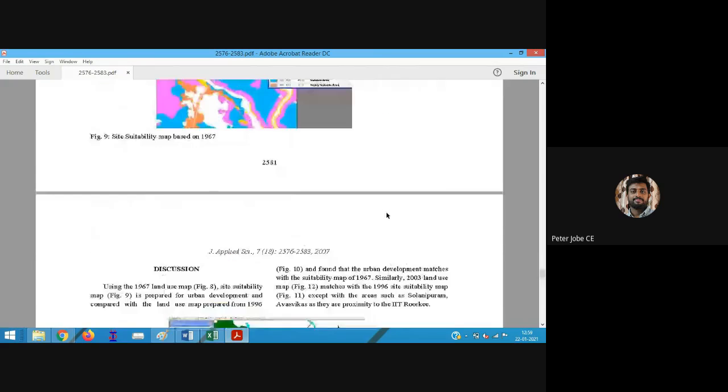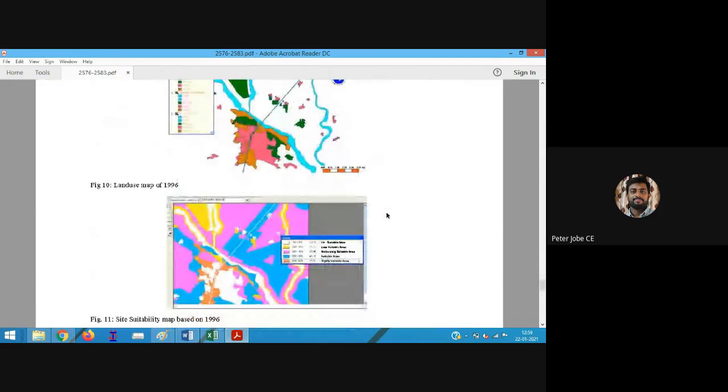This is the thing you need to write in the examination, and each thing will be multiplied. Each suitability criterion will be multiplied by its corresponding weightage, and a total score will be given. Finally, a map will be drawn in which it will be categorized into highly suitable, moderately suitable, less suitable, and so on.